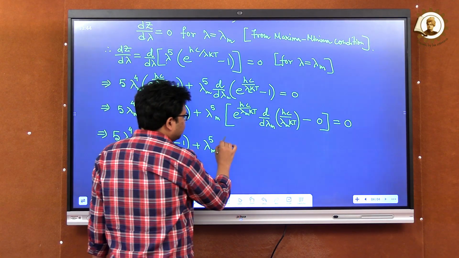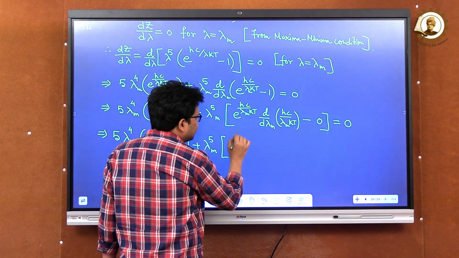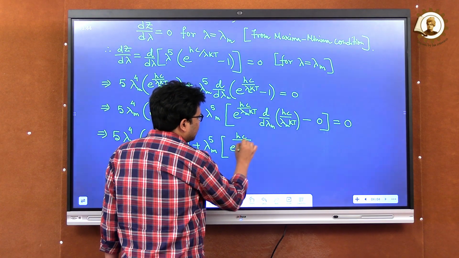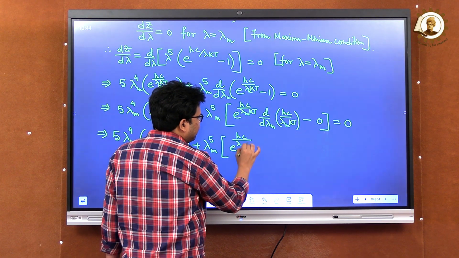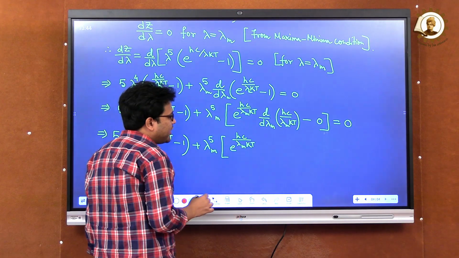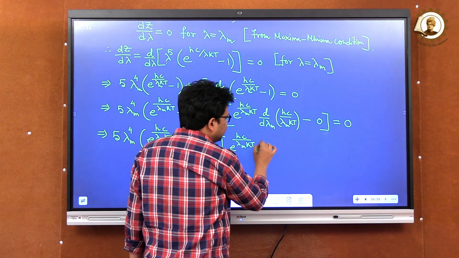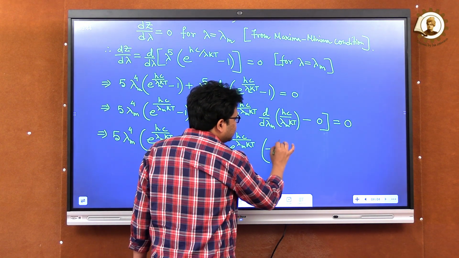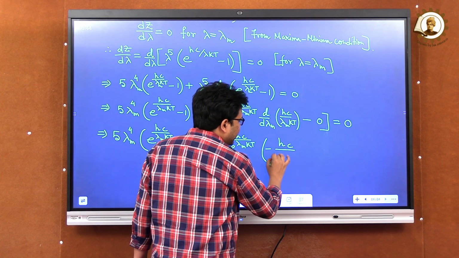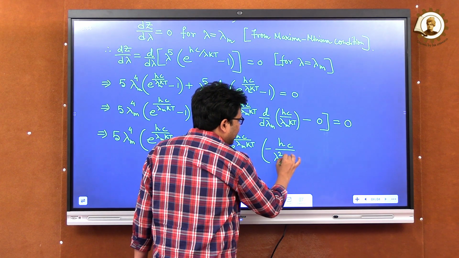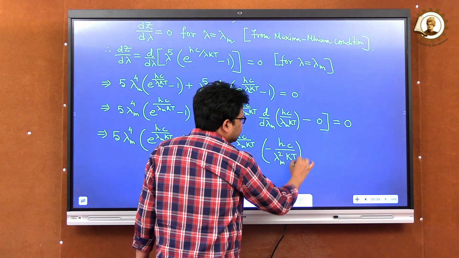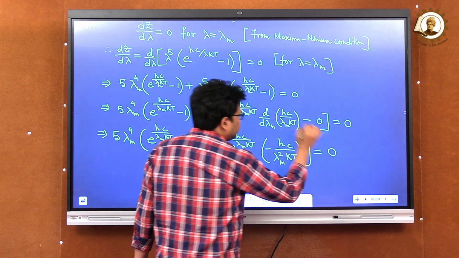The first term is e to the power hc by lambda m kT, and this term gives minus hc by lambda m square kT, which equals 0.